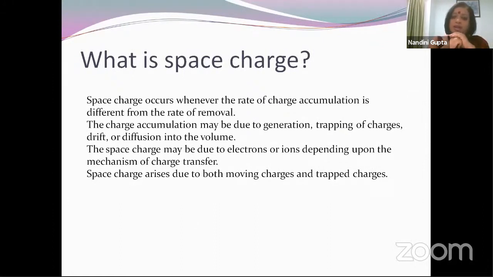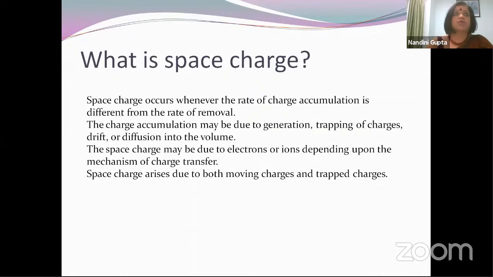Now, you would actually find that space charge is not something which is completely new to you. Those of you who are students of high voltage engineering would have encountered space charge somewhere or the other. In fact, in this course, we have not really talked in great detail about breakdown mechanisms, especially in gases.